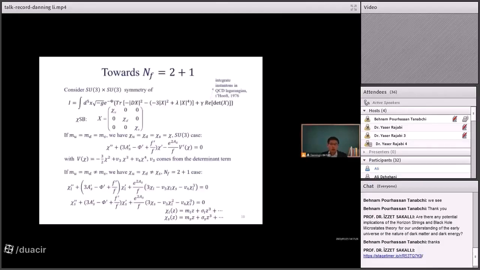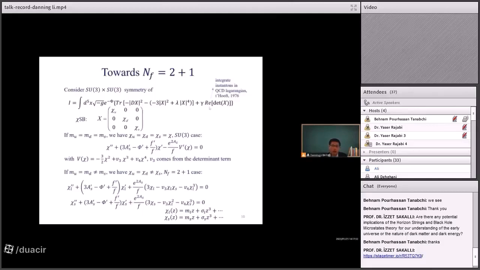In order to check the consistency of the soft wall model, we want to check the Columbia plot. So we introduce three flavors: two light degenerate flavors and one heavy flavor, a strange flavor.